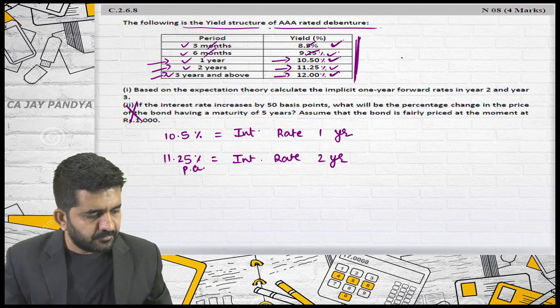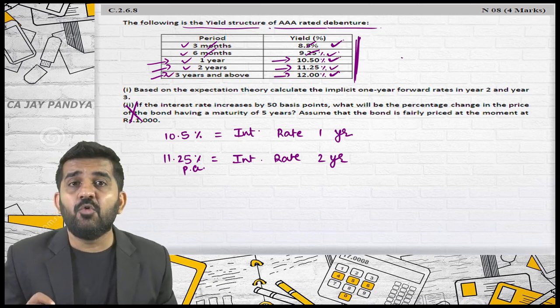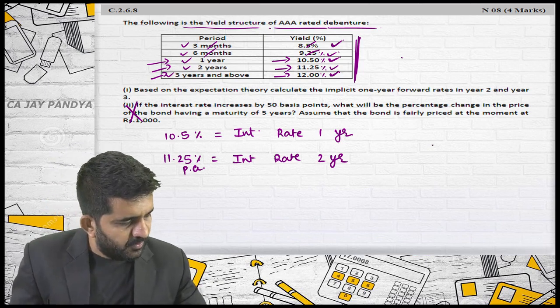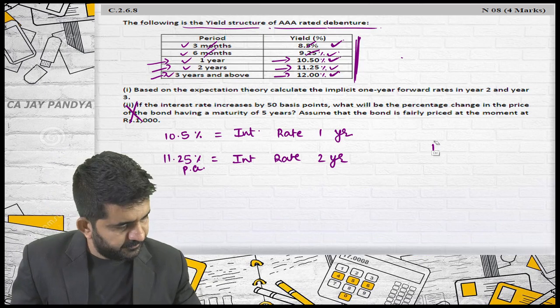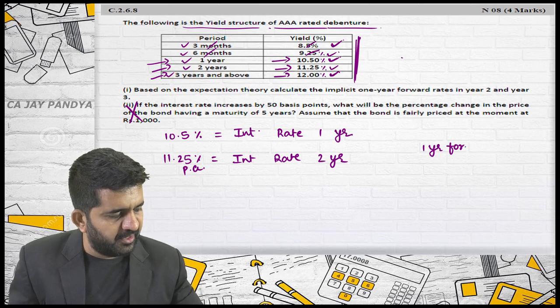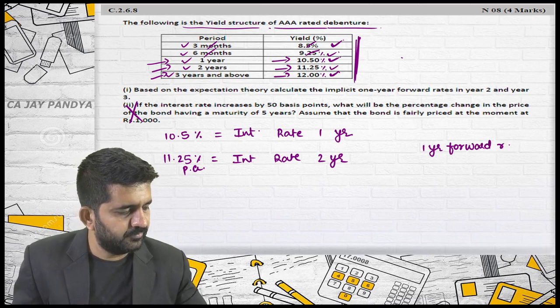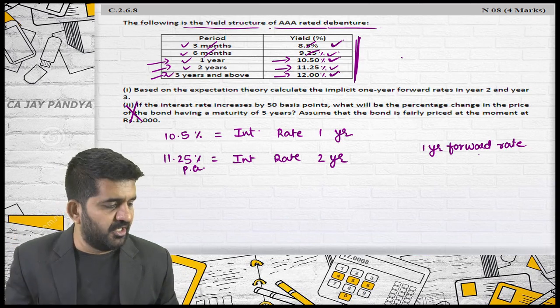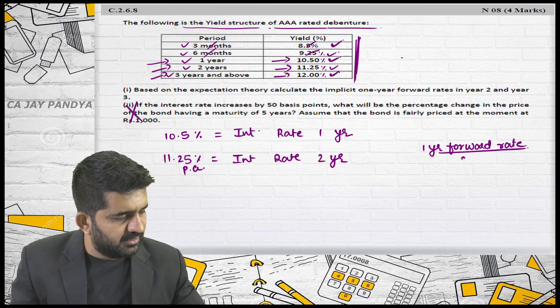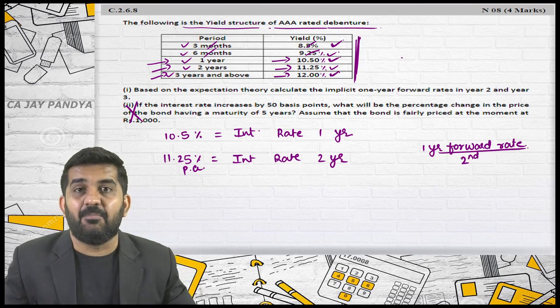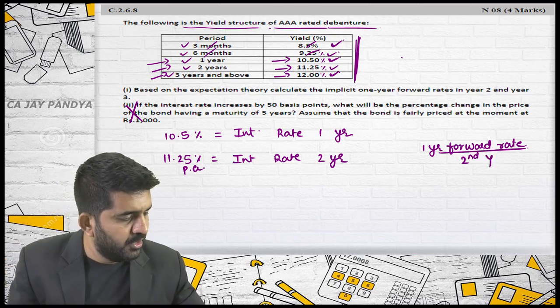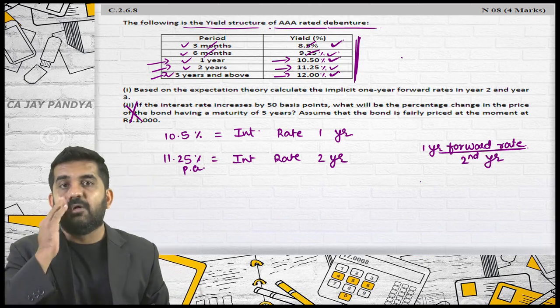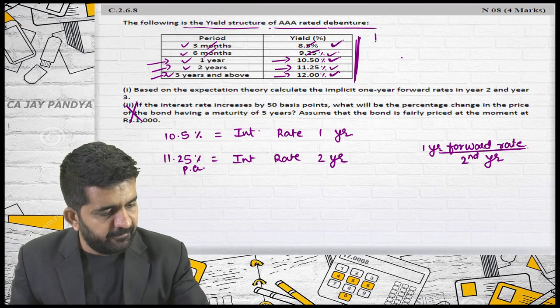Is it alright? I want to find out 1 year forward rate. Please try to understand what 1 year forward rate means. Is this rate applicable for 2 years? No, this rate is applicable for the second year.